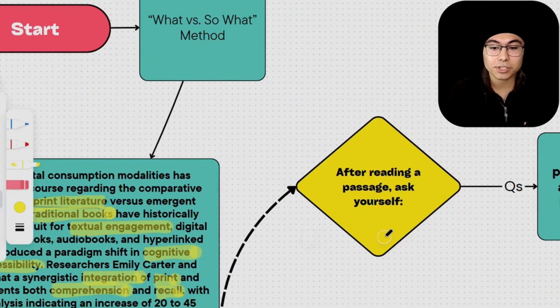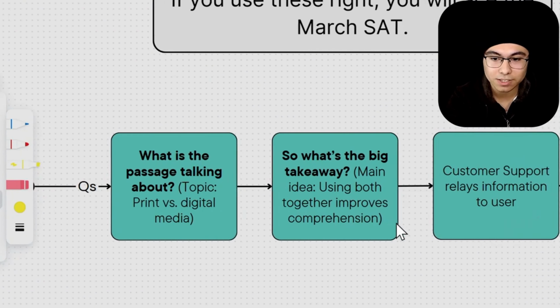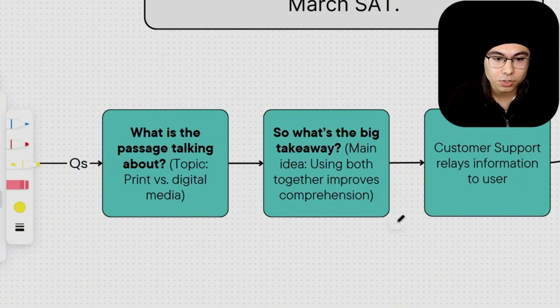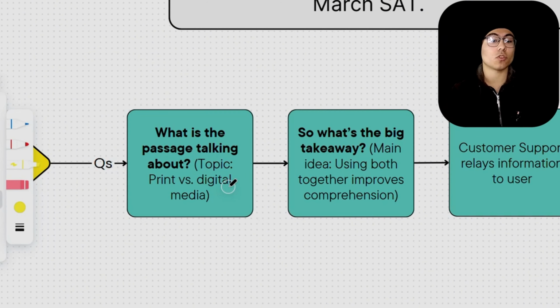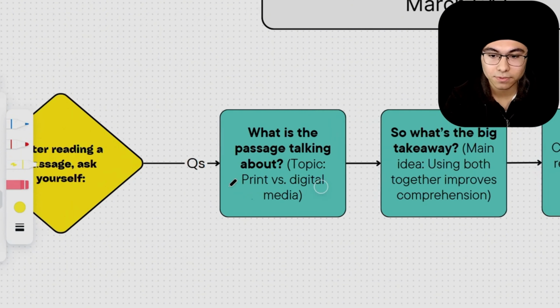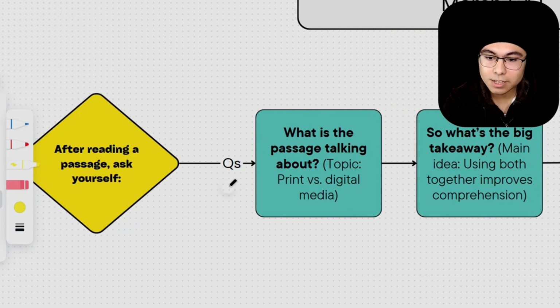So the first step is after reading a passage, ask yourself these two questions. The first question here is, what is the passage talking about? In this case, you have to find the topic. And in this passage, it was print versus digital media. And then the next question that you want to ask yourself is, so what's the big takeaway?